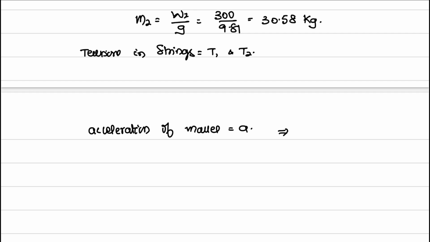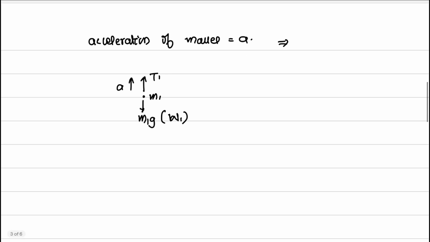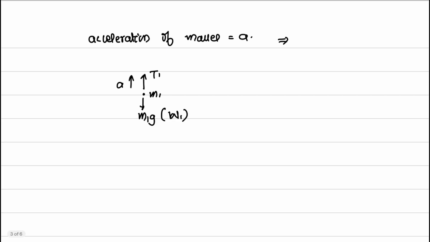Then what is the free body diagram for M1? Here it is M1. This is M1G or W1 downwards. This is T1. This is A. This is M1A.